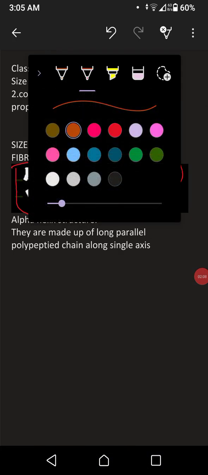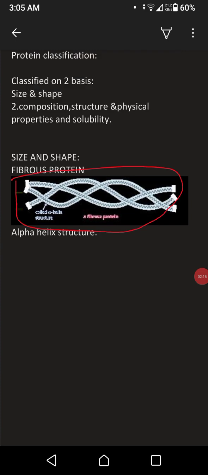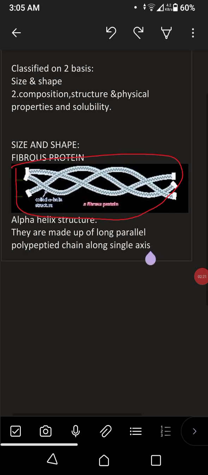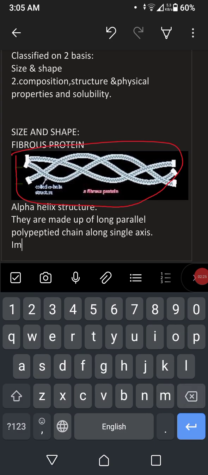You can see over here that they are made of long parallel sides along a single axis.